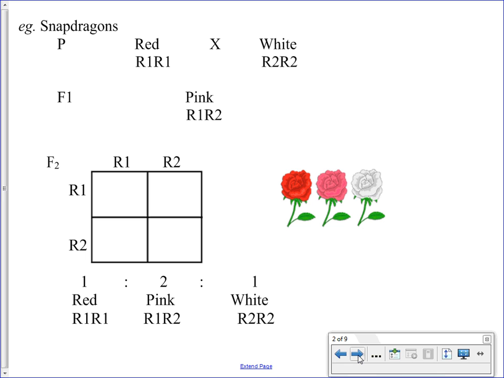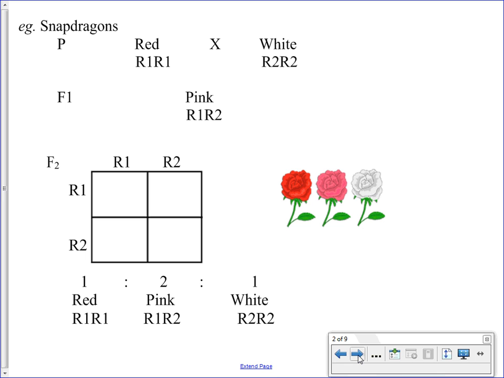We don't see the red, we don't see the white, but in fact we do see, again, that intermediate, the pink color in the F1 generation. So clearly this is not what we call a dominant recessive relationship. That was the case with Gregor Mendel's garden peas. That was not the case here.